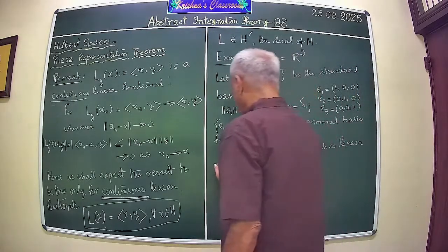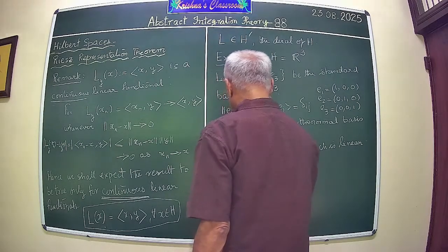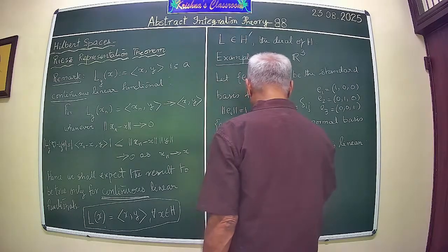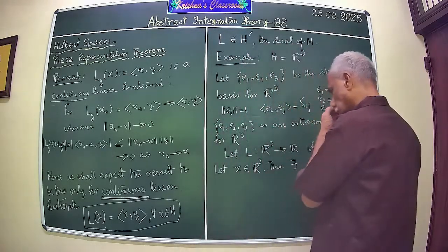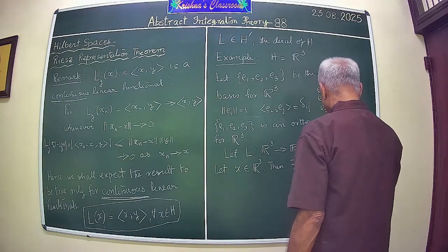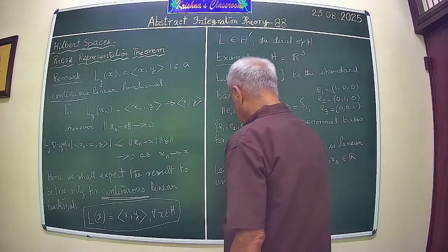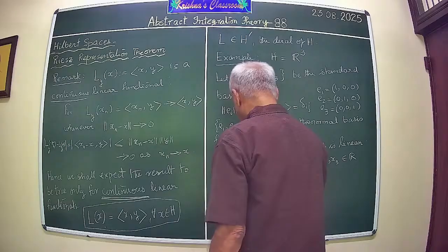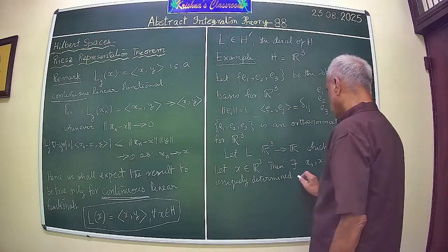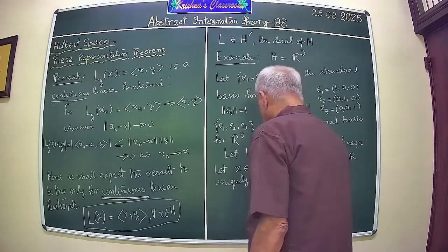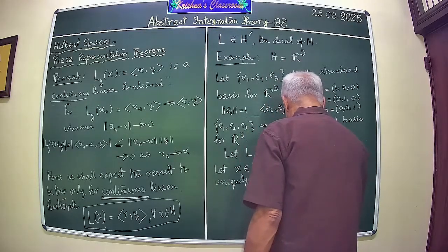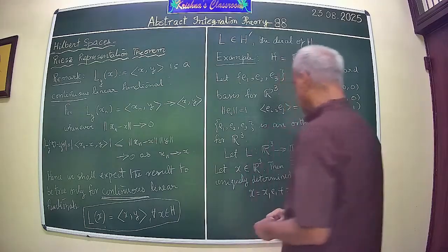Now let X belong to R3, then X uniquely determines its coordinates, so X is equal to P1 e1 plus P2 e2 plus P3 e3, with coordinates P1, P2, P3.